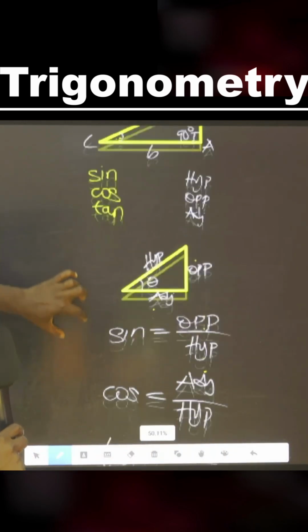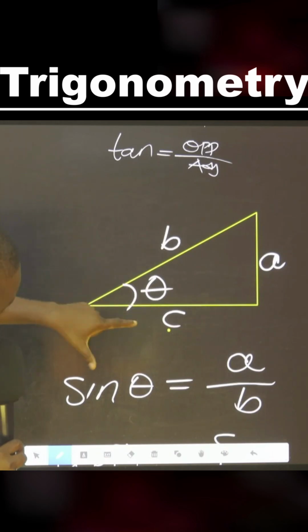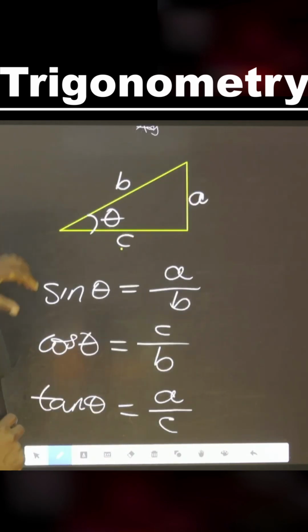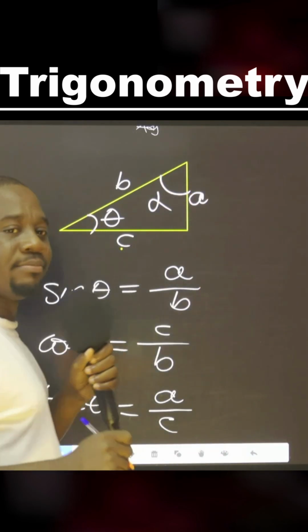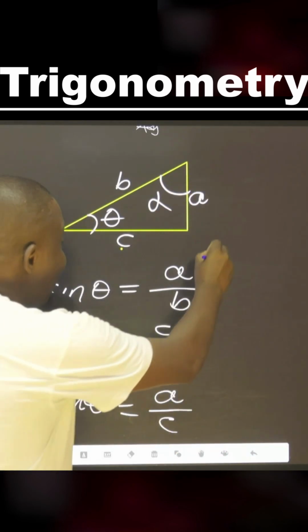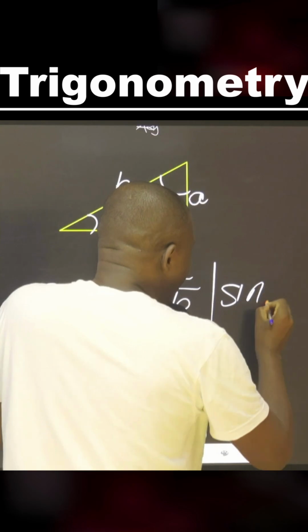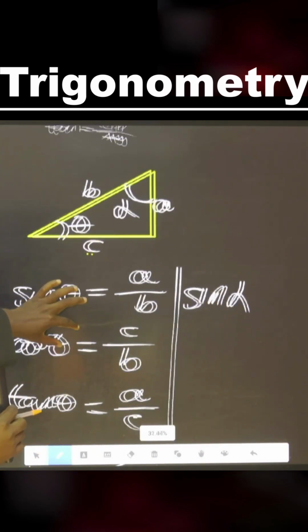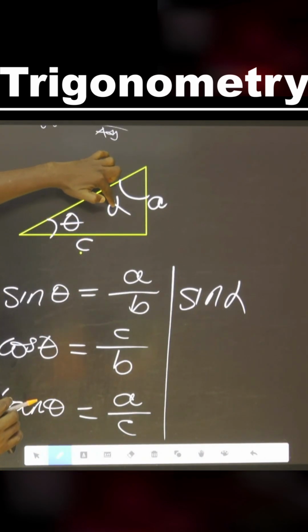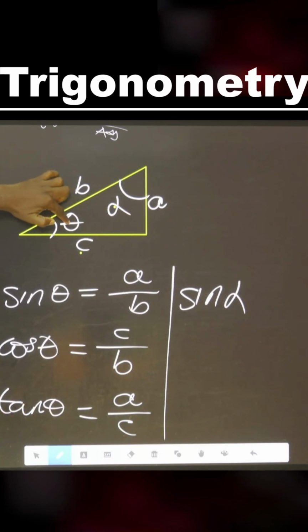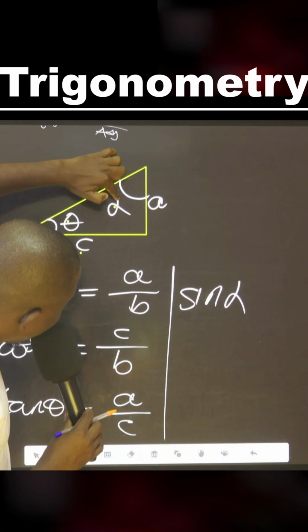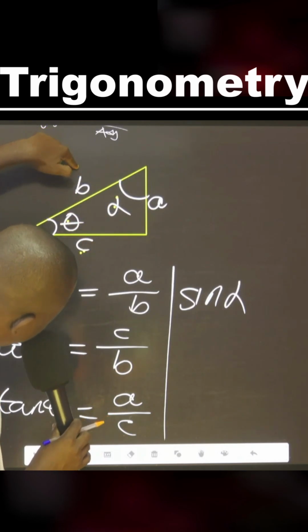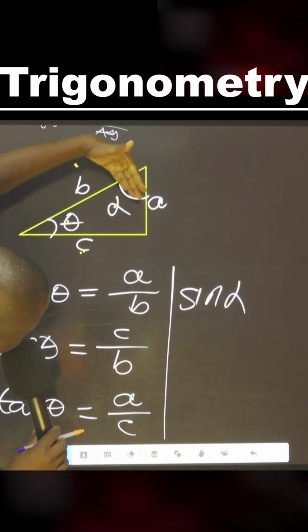Now, if I come back here, I said this is the angle I want to study this time. Let's call it alpha. If I want to say sine alpha now, you will agree with me the opposite of alpha is different from the opposite of theta. So this now is opposite C over, because this is the opposite facing it.